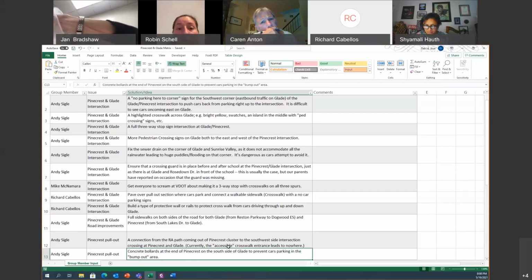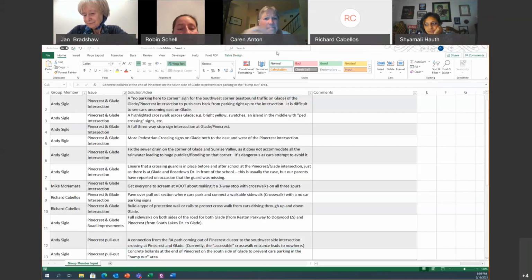I feel like a stoplight is truly visual. Of course people run them, but I'm asking what's the benefit of one over the other. I feel like a stoplight is a lot more clear than just a stop sign. I don't know if that was an option or if that's a possibility.